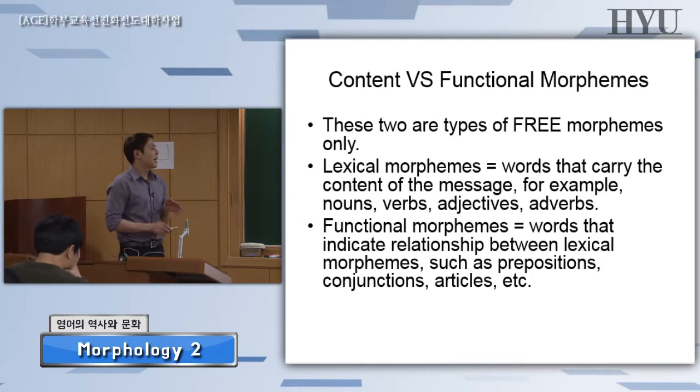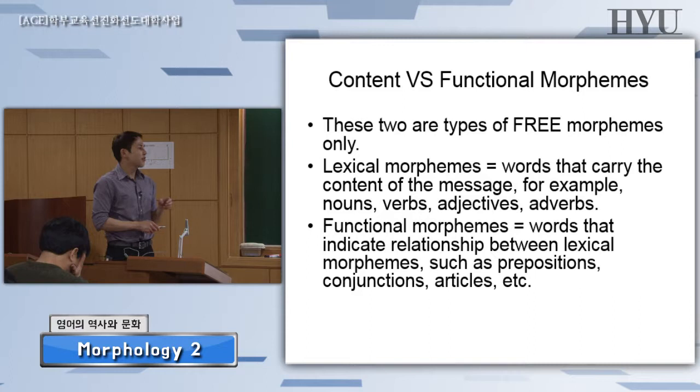So lexical morphemes or content morphemes, same thing, are words that carry the content of the message, for example nouns, verbs, adjectives, and adverbs. But functional or grammatical morphemes are words whose function is to indicate relationship between lexical morphemes, like prepositions, conjunctions, and articles.